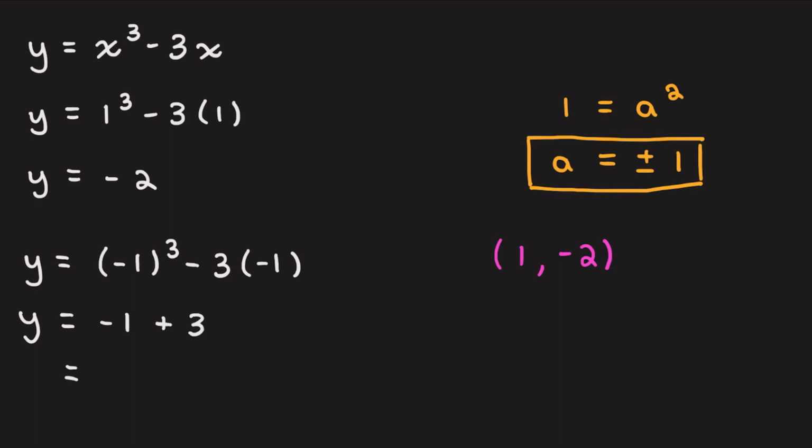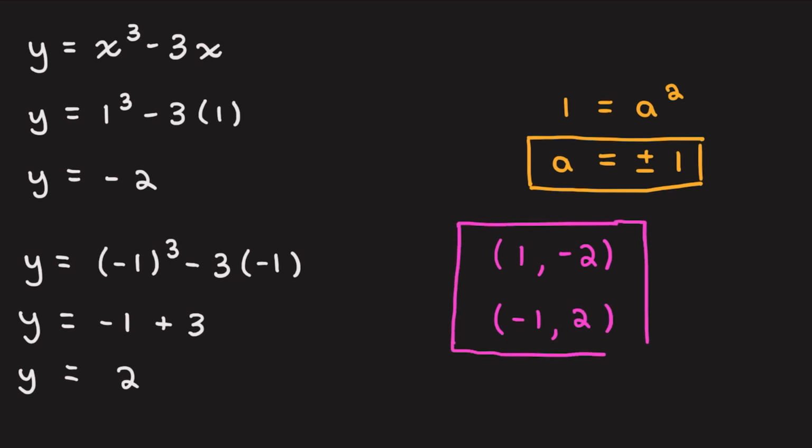And there we have it, the 2 points on the curve y equals x cubed minus 3x that have a tangent line with a slope of 0 are (1, -2) and (-1, 2).